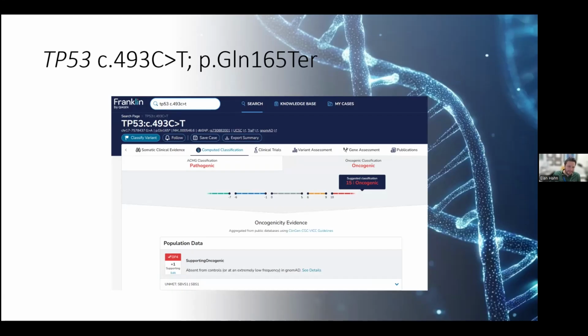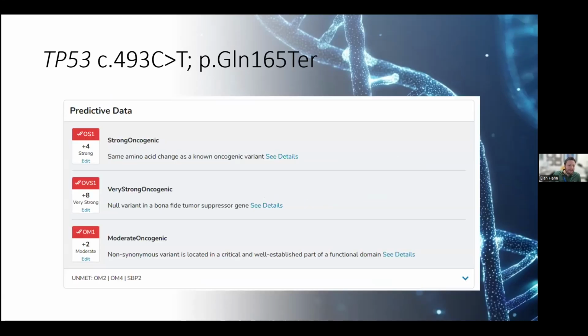So it's not complete, but it is pretty good. And here you could see it's the same amino acid change as a known oncogenic variant. It's a null variant. It's a termination in a bona fide tumor suppressor, and it's a non-synonymous variant in a well-established functional domain. So it has a lot of points that are going towards it, and you can look at all of these details and it's referenced out.